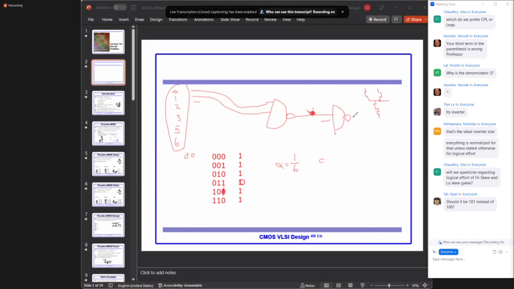What about the one that goes in? 4 caps. So C equals actually 10 caps. So 10 over 6 C V squared F is the dynamic power consumption. Okay. Is that clear to everybody?